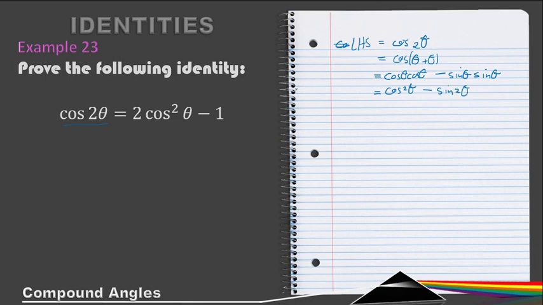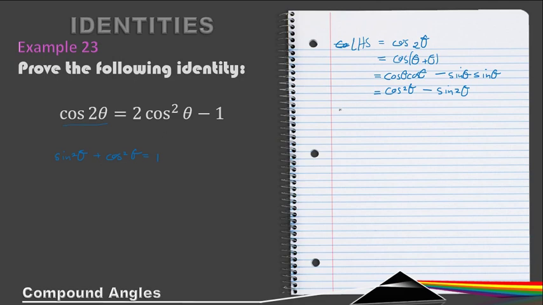Now let's have a peek at what we're aiming for. We want this. We already have a cos squared over there. So what I know from this identity, we can actually start now from this side. Let's do that. Because we know this identity, where sine squared theta plus cos squared theta is equal to 1, I'm going to replace this 1 with this identity.